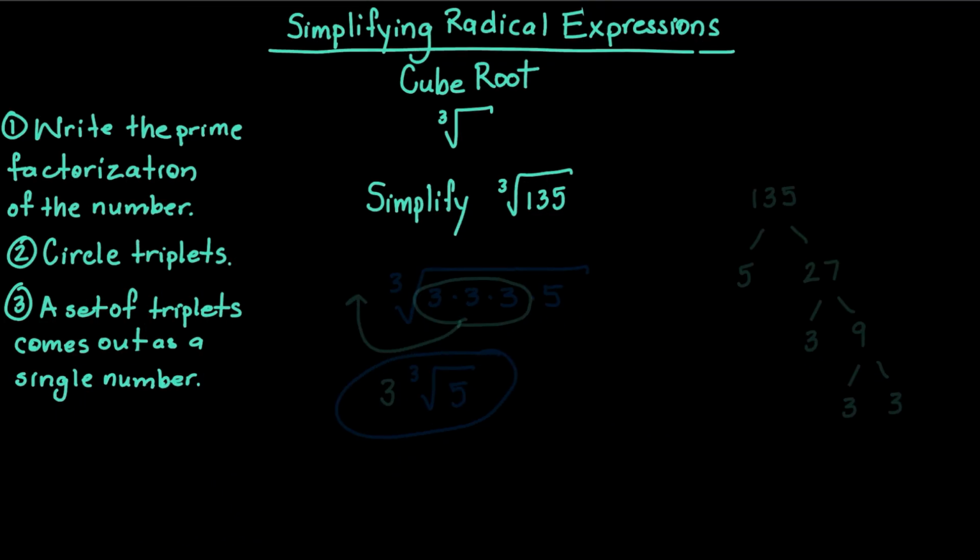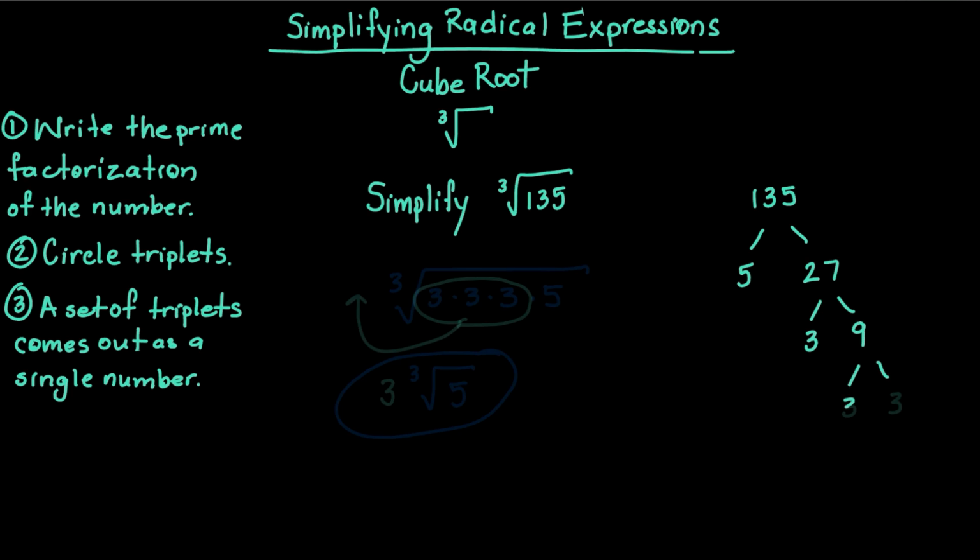Next, we want to simplify the cube root of 135. Take 135 to the side. 135 ends in 5, so I know it's divisible by 5. And it's 5 times 27. 5 is prime. That branch is done. 27 is 3 times 9.